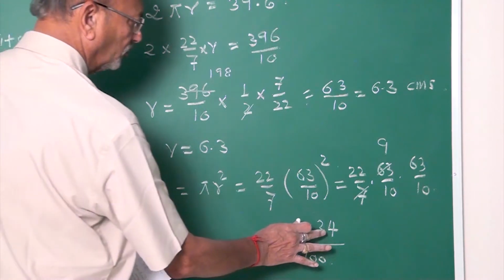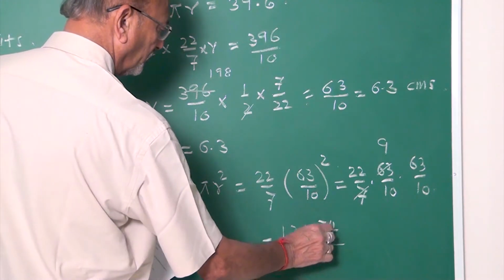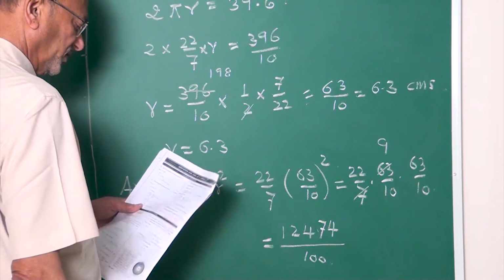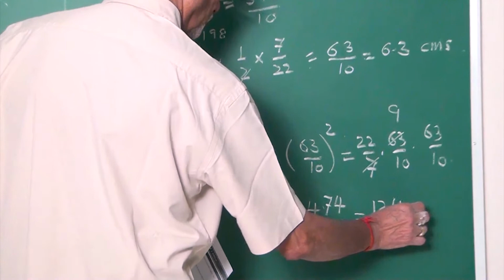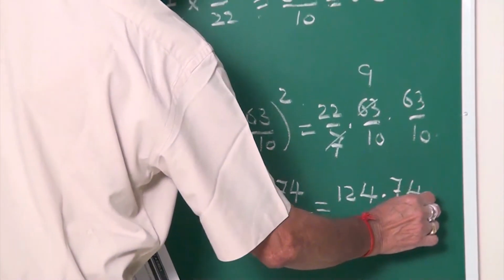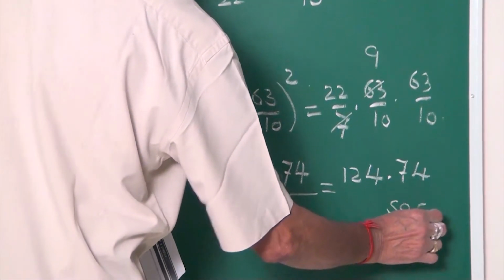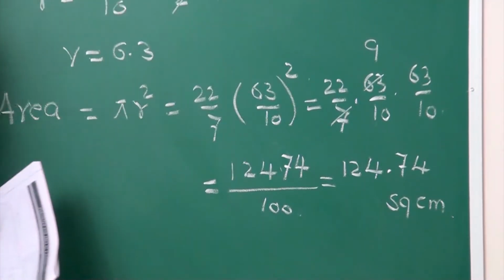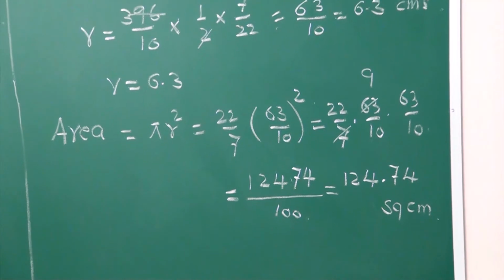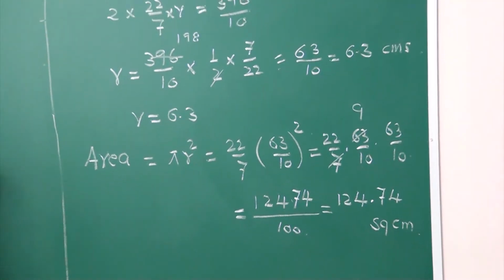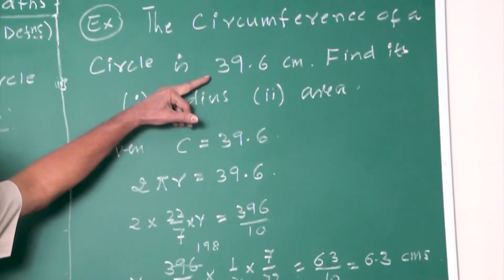It is not 3, 4, it is 7, 4. Therefore, if you simplify this, it is 124.74 square centimeter. This is the area. Now, in this case, what is given, my friends?